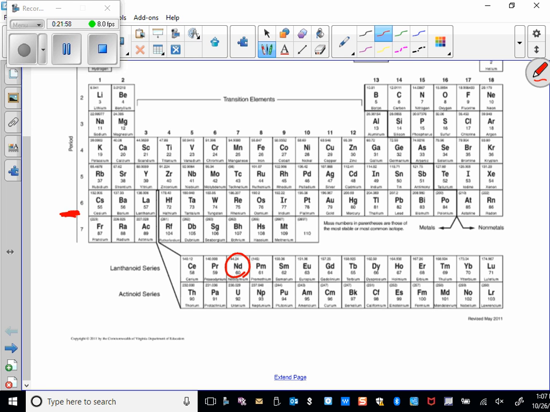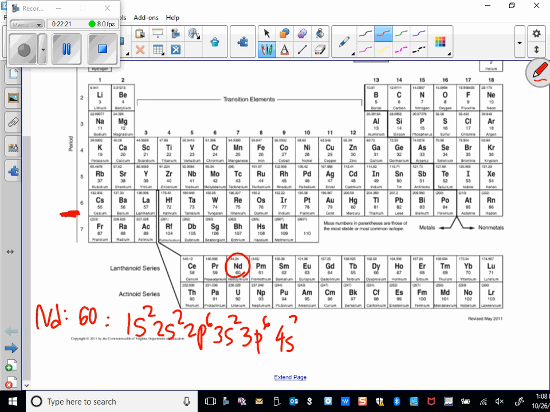They make very powerful magnets. Are you aware of it? Okay. What is the atomic number? 60. Is that right?